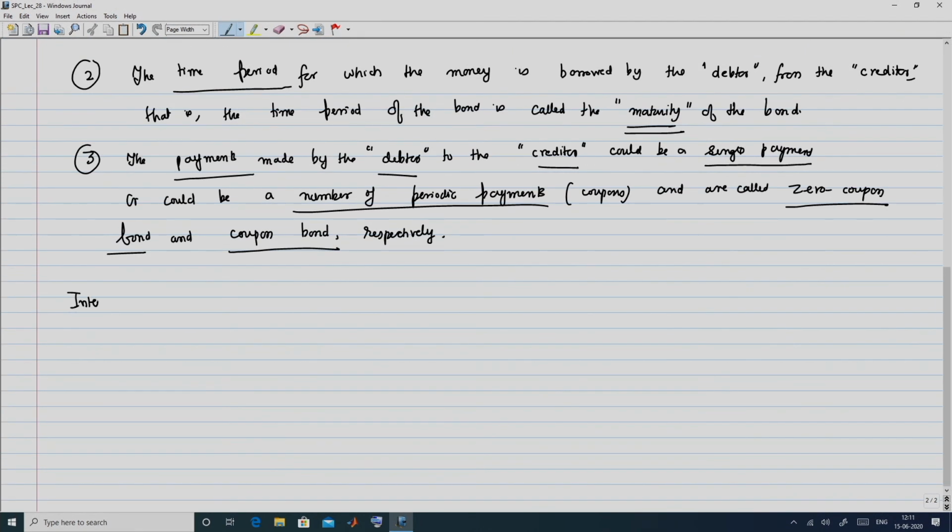So, we next come to the interest rates and introduce a few notations.